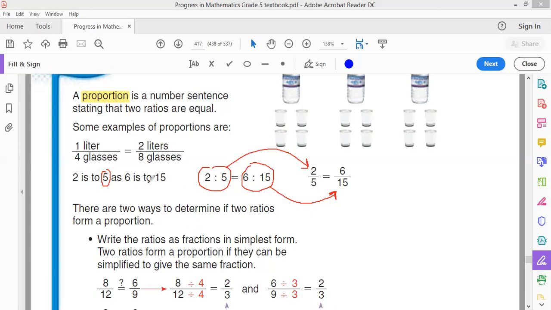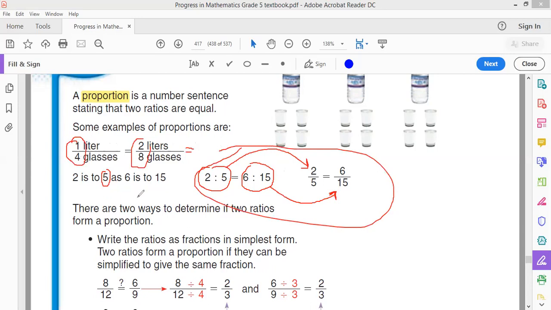Yes, up there, it will give you the number of glasses. I was looking at this example.